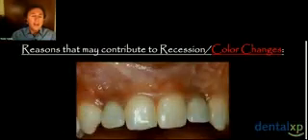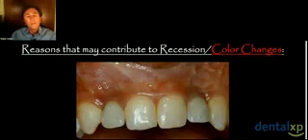So when we look at this patient in front of us right now and think about the reasons that may contribute to recession and specifically color changes, this is a young lady that had implants placed in the lateral incisor area where she had agenesis of the laterals. And about a year after the final restoration was cemented, she comes in, she was 19 years old, with a complaint that the tissue, the gingival marginal tissue, is getting darker and darker.